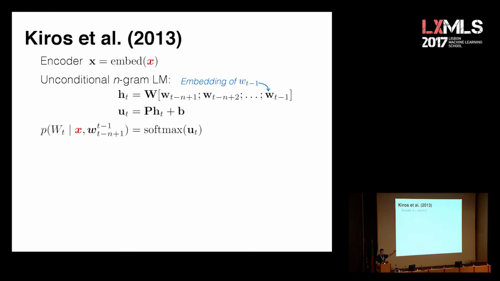But basically, just so you see how simple it is, they get this context vector x by embedding the image, running a ConvNet over the image. And the traditional, unconditional n-gram language model just takes word embeddings of a fixed size and builds a big, long vector of those embeddings, and then projects them up to predict the next word, and then samples a softmax.